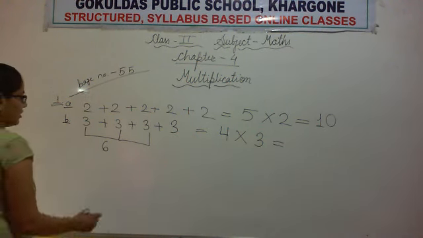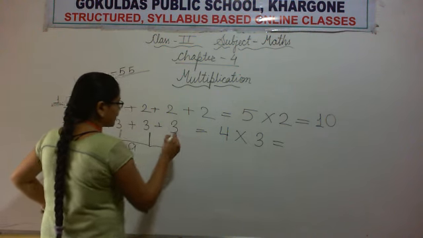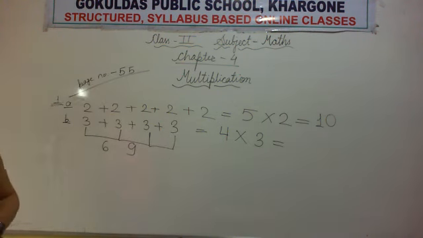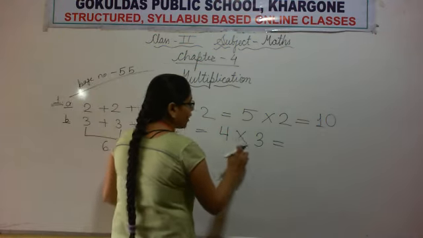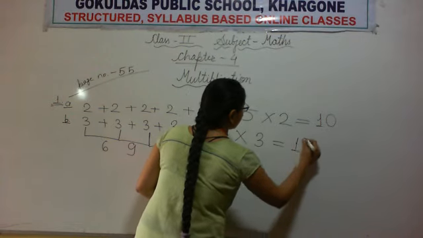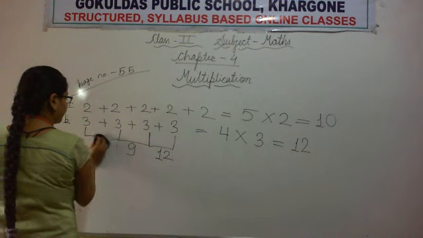Very good, 9. Now 9 plus 3, add 3 more in 9. 9 plus 3 is 12. Very good. So 4 into 3 is equal to 12.